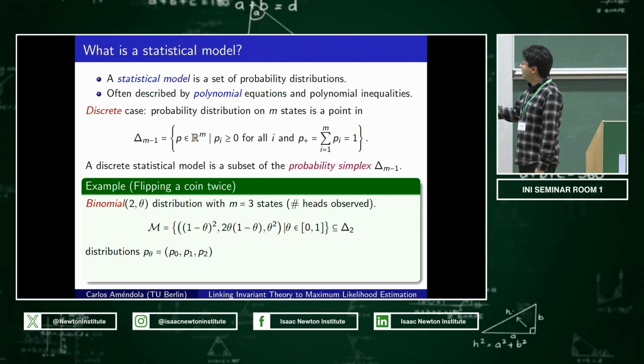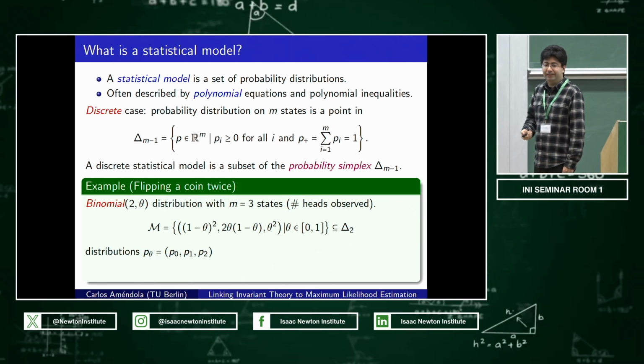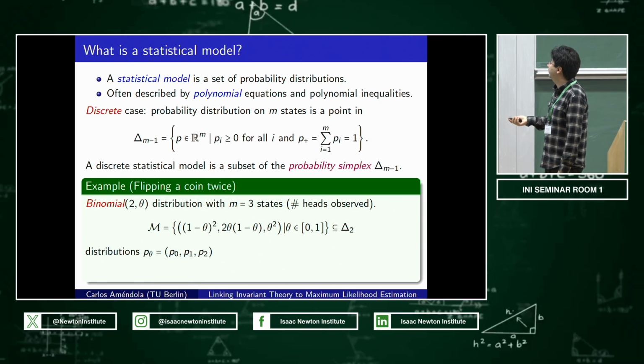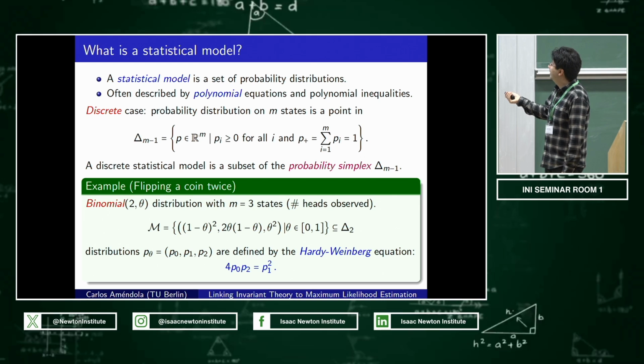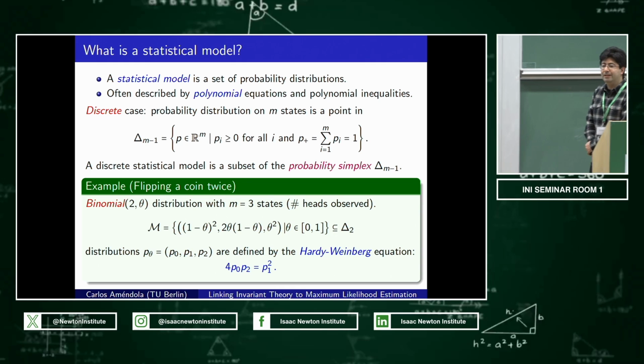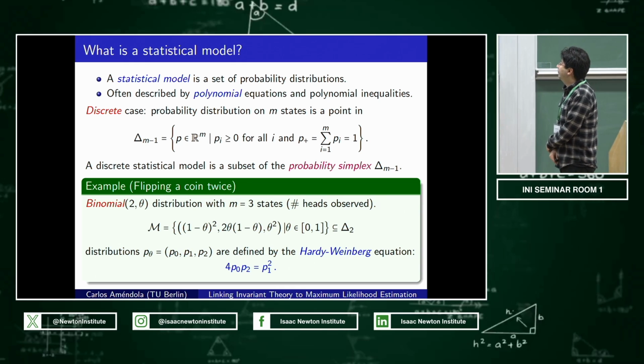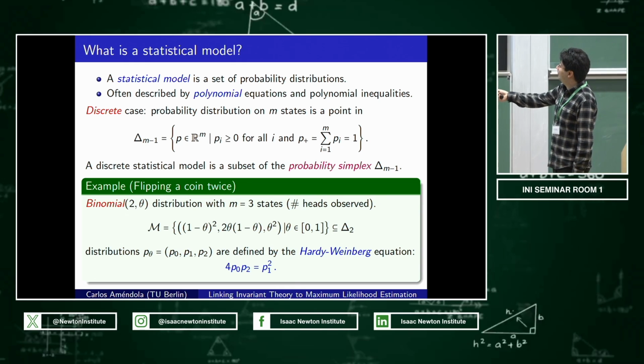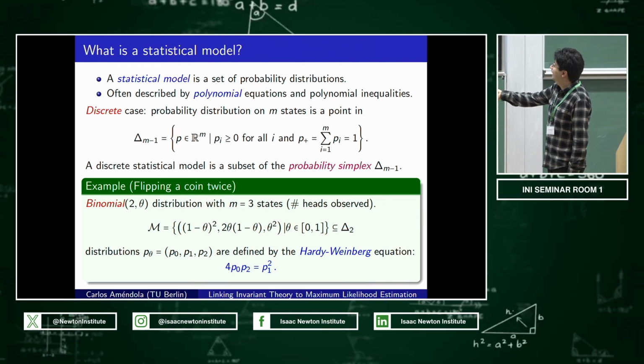This is a curve, and it can be described algebraically. It is defined by the Hardy-Weinberg equation, an important equation that appears in population genetics, which says that 4 times the p0 coordinate times the p2 coordinate equals the second coordinate squared, as you can verify from the parameterization.